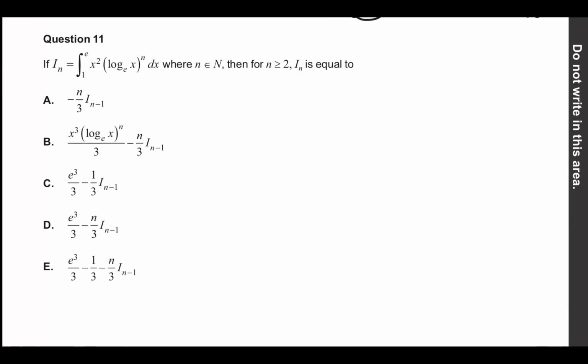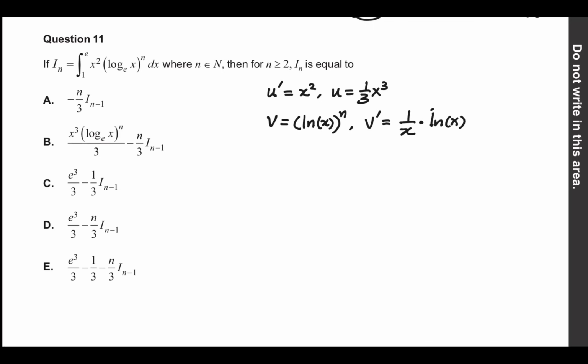In this case, I'm going to select u dash equals x squared, and u is 1 over 3 x to the power 3. And also v equals natural log of x to the power n, and v dash is 1 over x times natural log x to the power n minus 1 times n, okay?